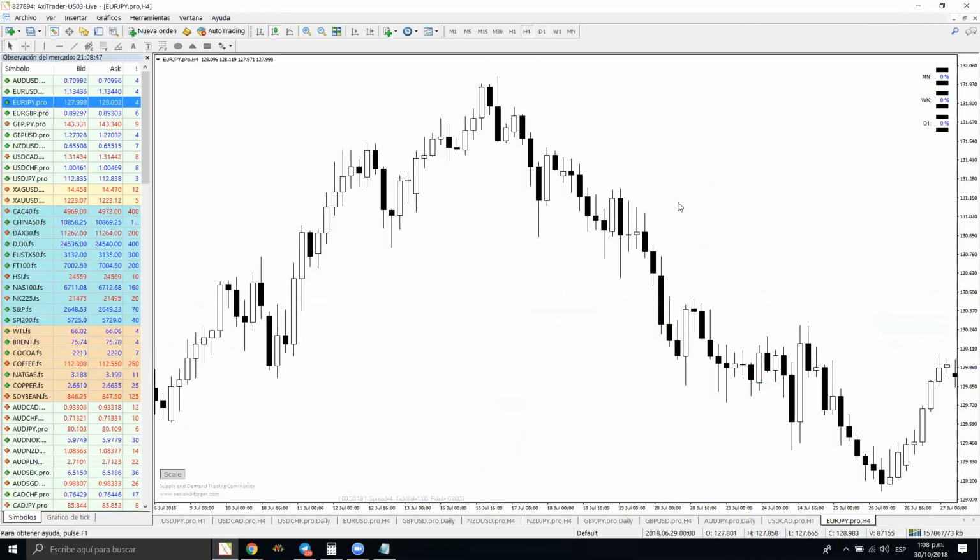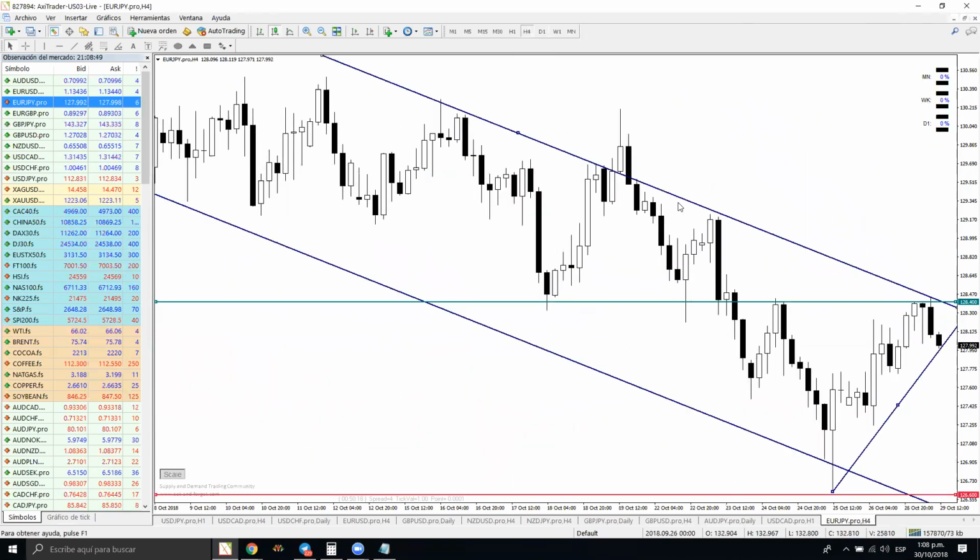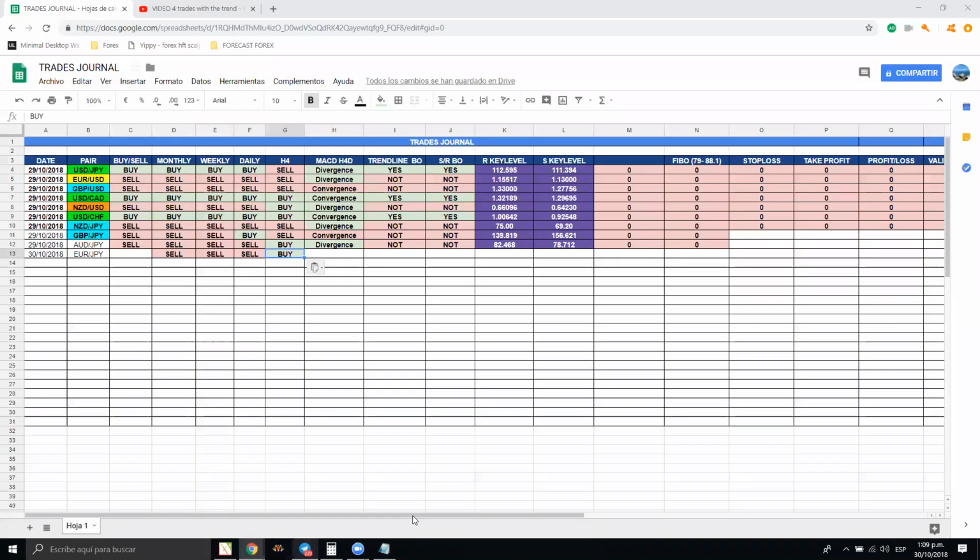Okay, let's come back. Now that we have this range, the market has been moving within this range, but you know the biggest trend has been going down. So let's go with the bearish forces. Okay, let's draw this resistance level.